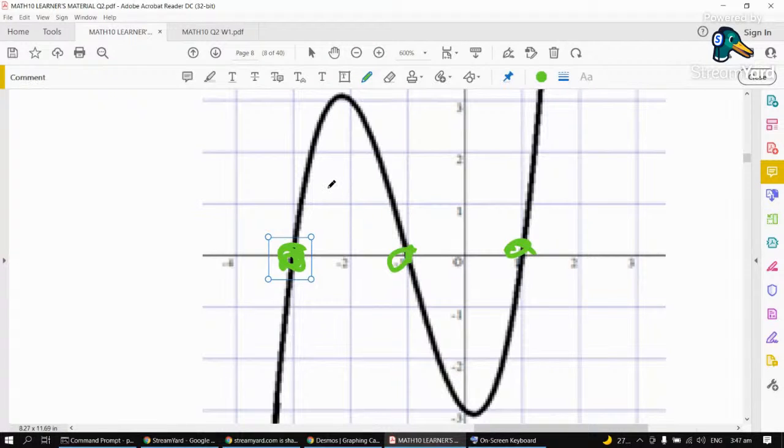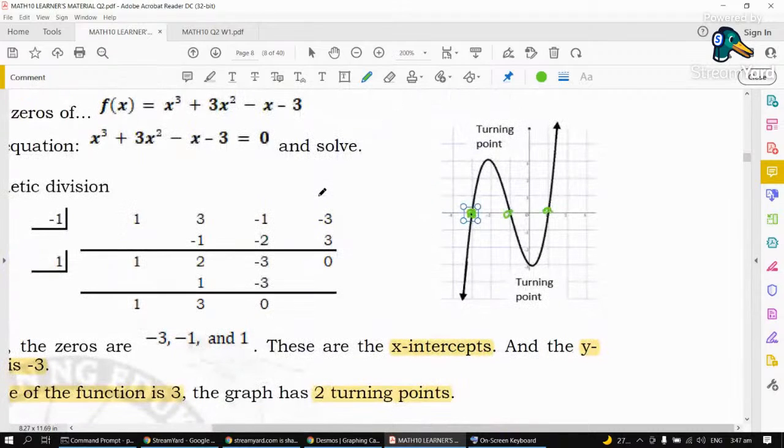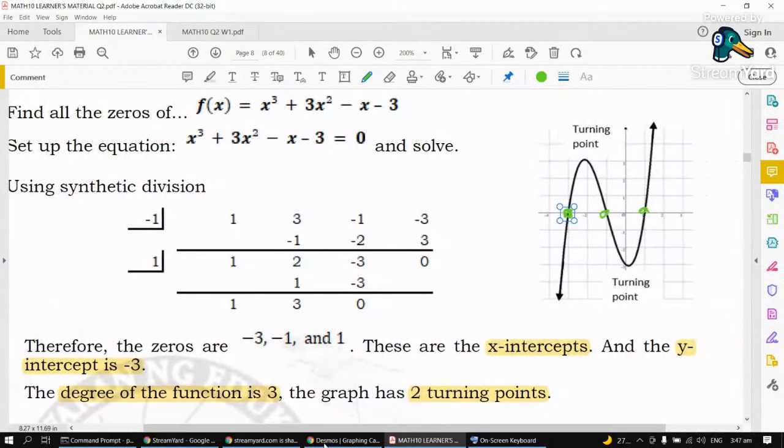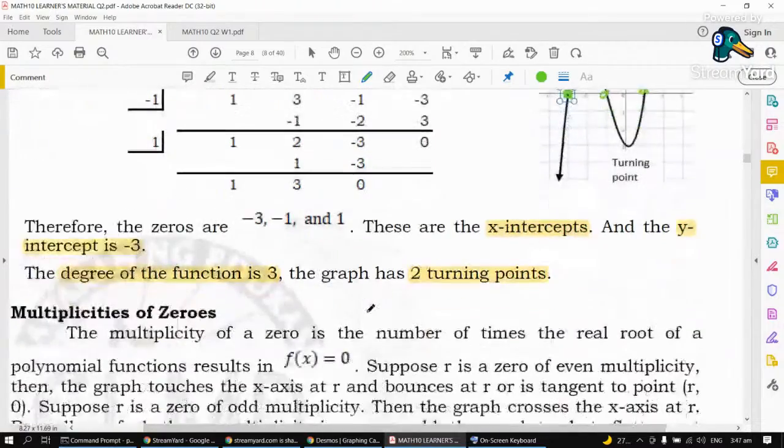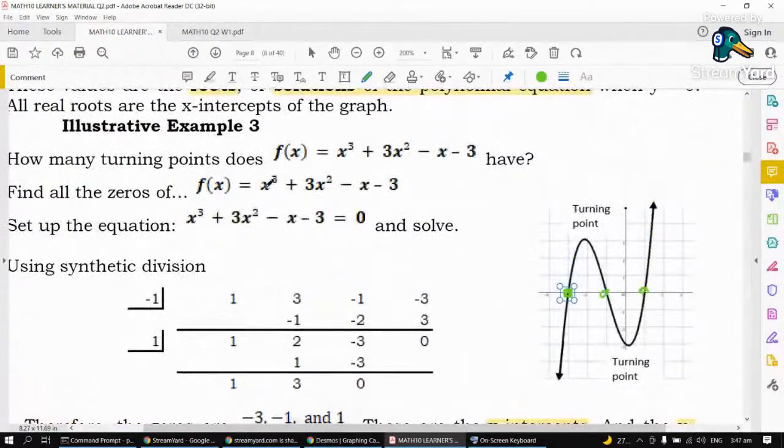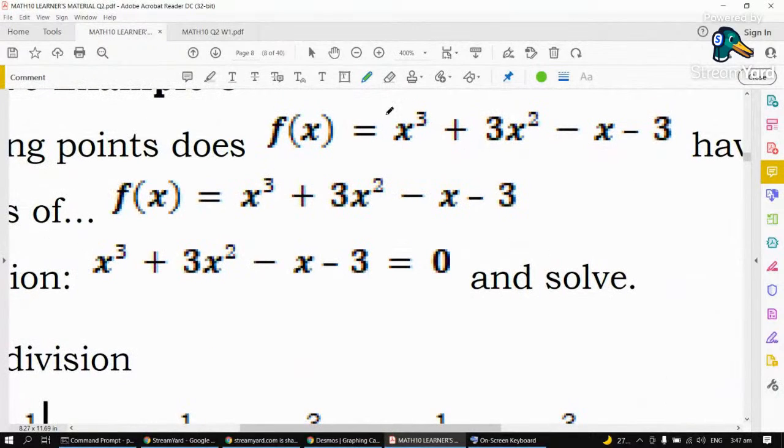So 3 beses nag-cross. So again, ang turning points is kapag ang pinakamalaking exponent is 3, babawasan natin ng isa, magiging 2. Yun na lang ang problema niya.